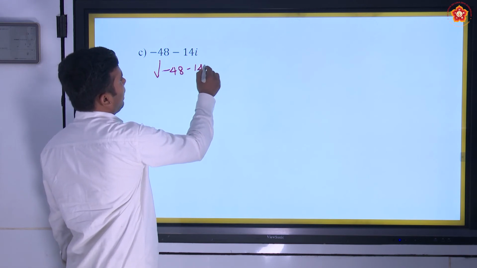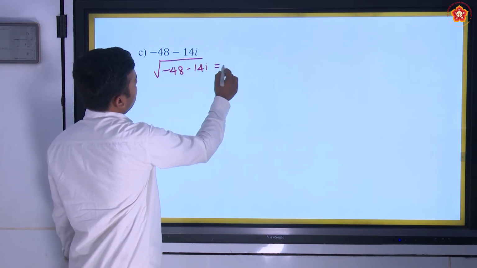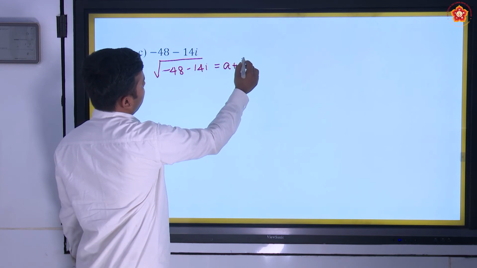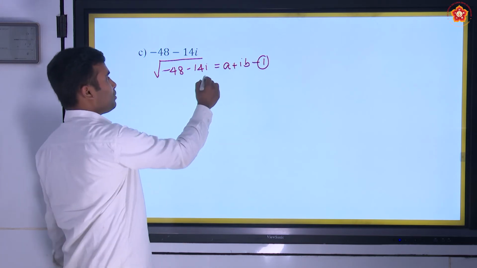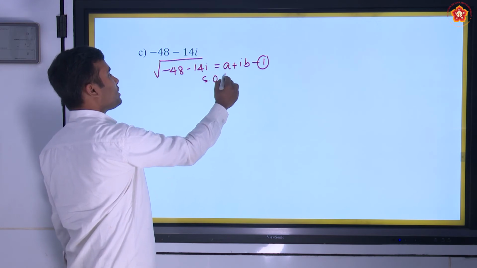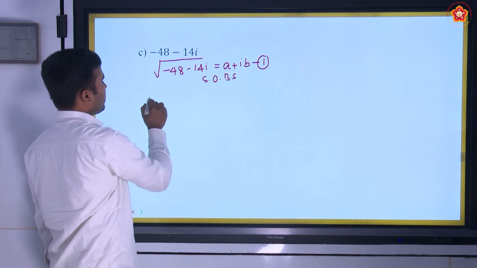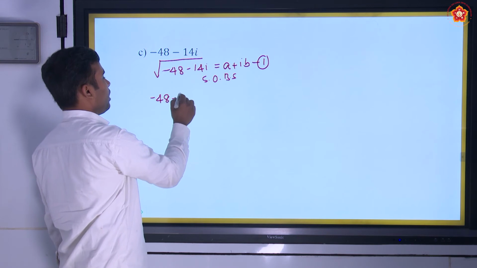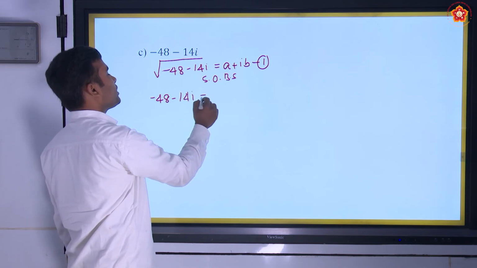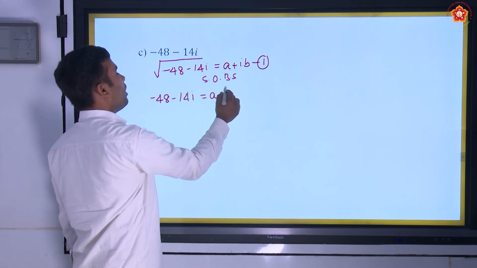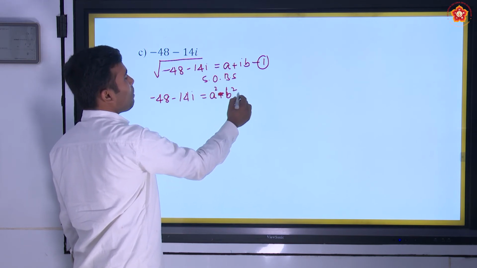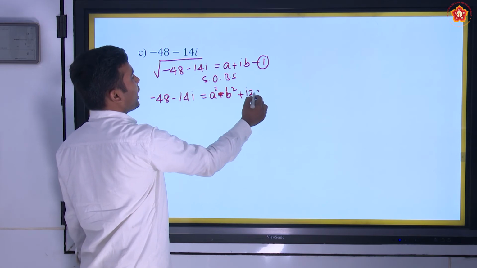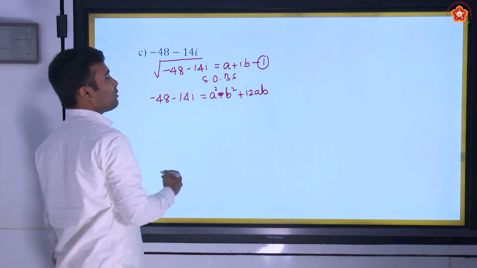It is equal to some a plus ib. Now, squaring on both sides, you will get minus 48 minus 14i is equal to a squared minus b squared plus i 2ab.